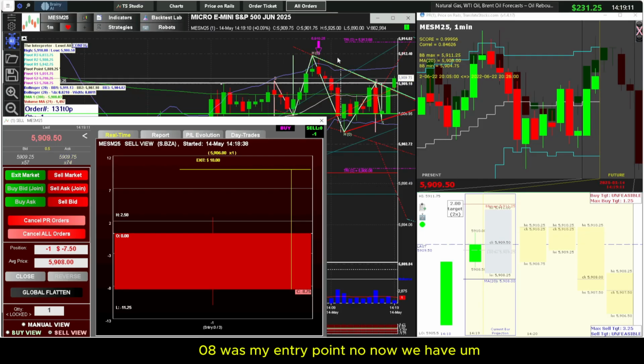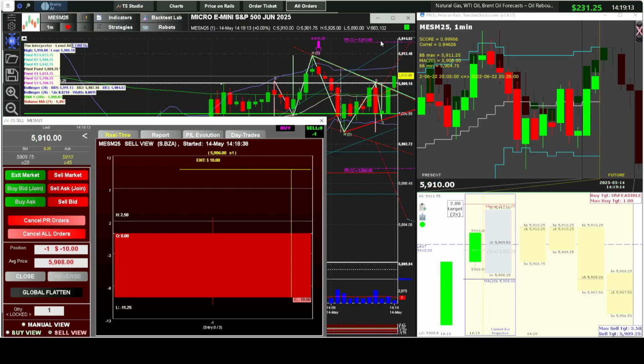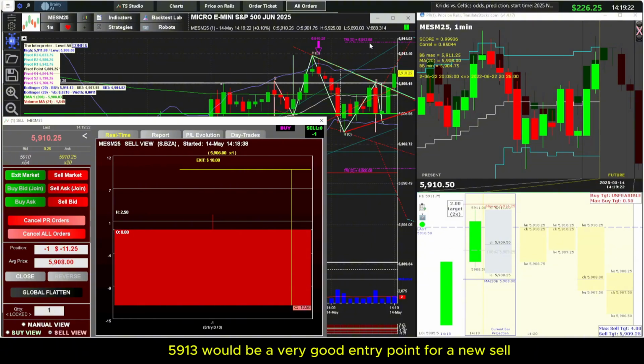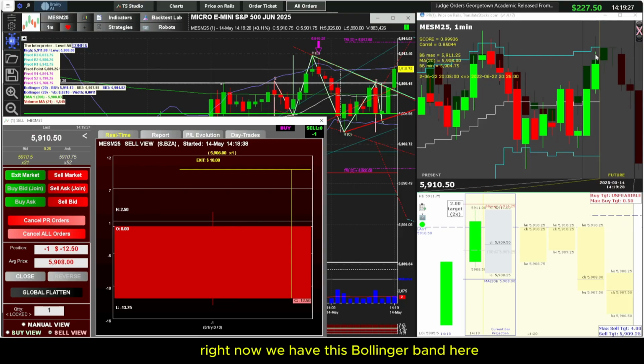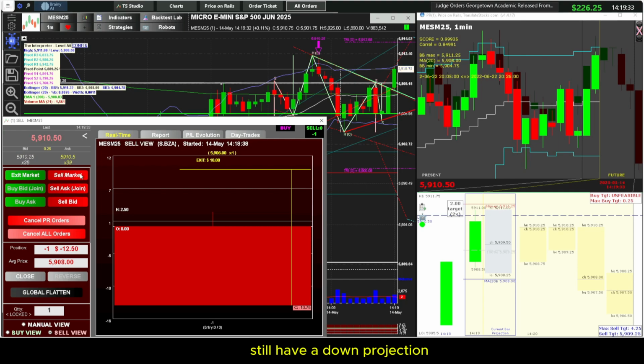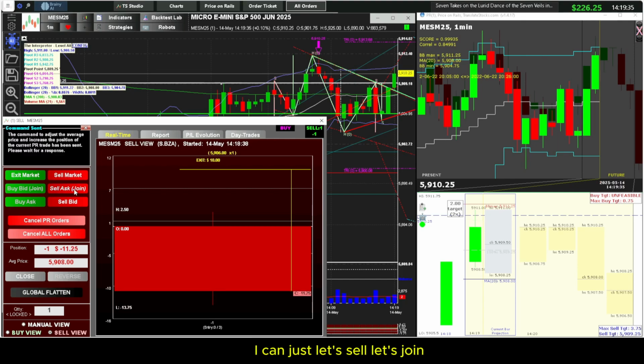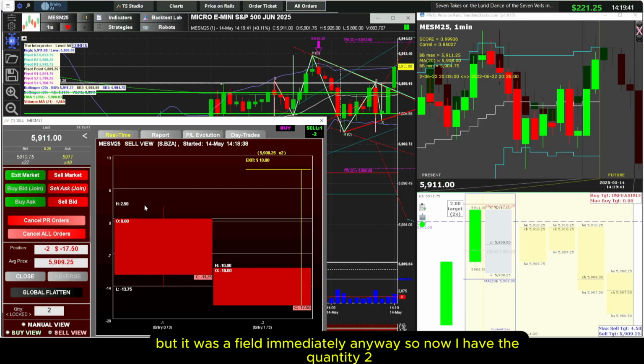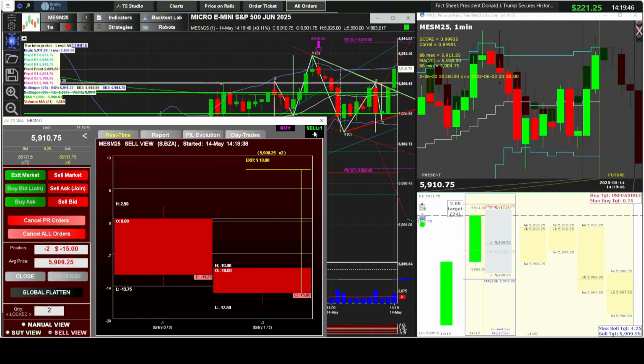Now we have a triangle pointing up to 5913. 5913 would be a very good entry point for a new sell. Right now we have this Bollinger Band here, still have a down projection. I can just, let's join. I'm not paying the slippage, but it was filled immediately anyway. So now I have 22. Okay, my quantity now is 2.